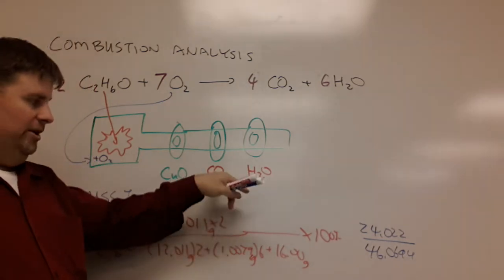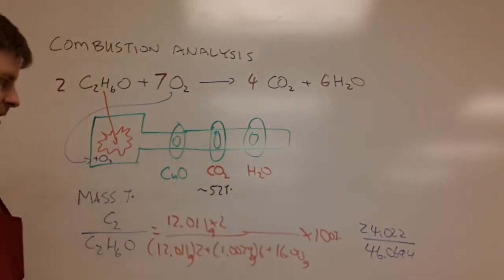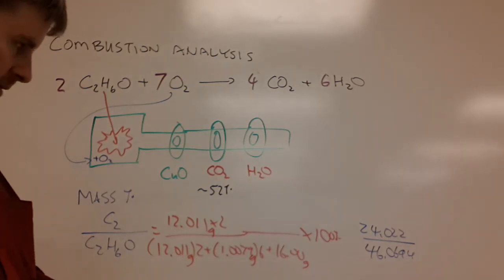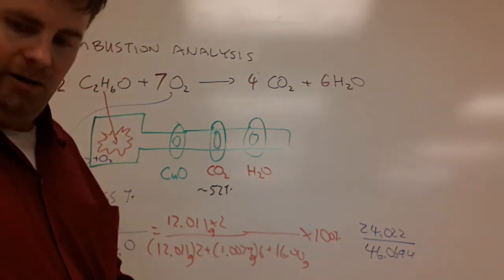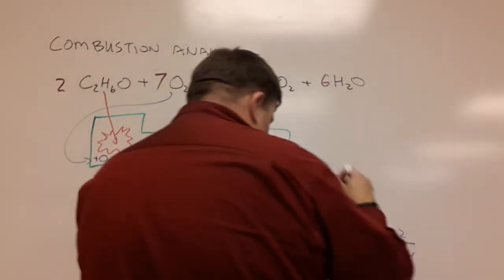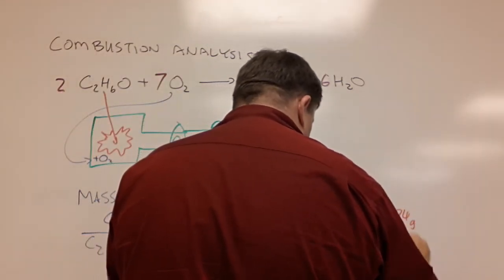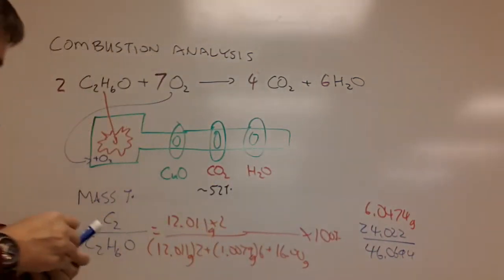Because once we get the percent composition that is hydrogen and carbon, we'll be able to figure out what the percent composition of oxygen is. And hydrogen in the sample is 1.0079 times 6. Okay? So we're going to use the same equation essentially, but this time we're going to write 6.0474 grams on the top instead of the 24.022.